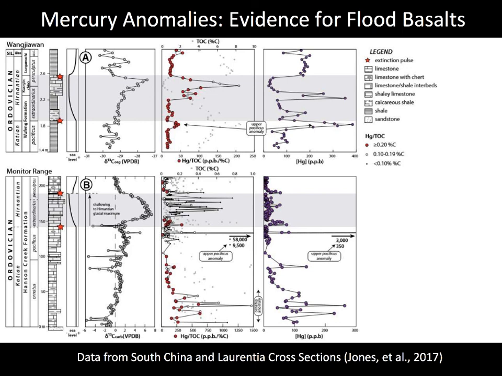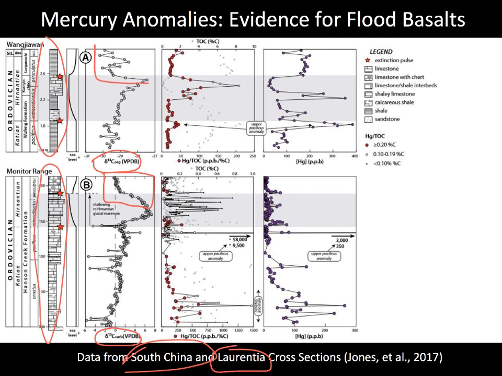So what they're finding, this is one research paper, for example, looks at two cross-sections, one from South China and one from Laurentia. The far left panel is showing you just a cross-section of the Earth in two different locations. These left-hand panels here are showing delta C13, and you can see that this is the end-Ordovician mass extinction here, a dramatic drop in delta C13.